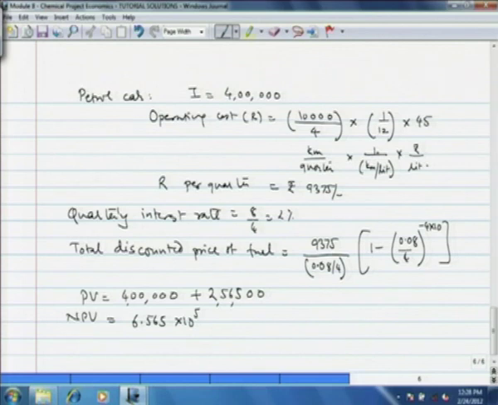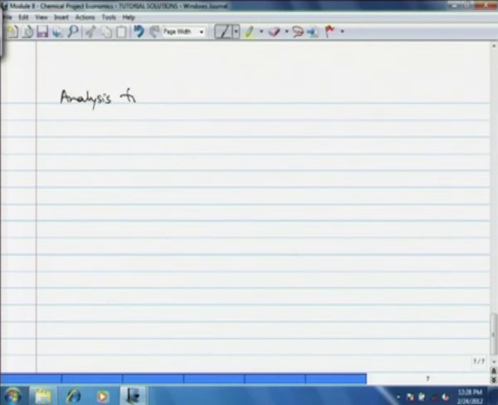Now, let us do the same thing for the diesel car. Here we are going to use exactly the same formulae, so I directly put the numbers. Here initial cost is 3,50,000. We do not know the diesel price, that we have to find out.